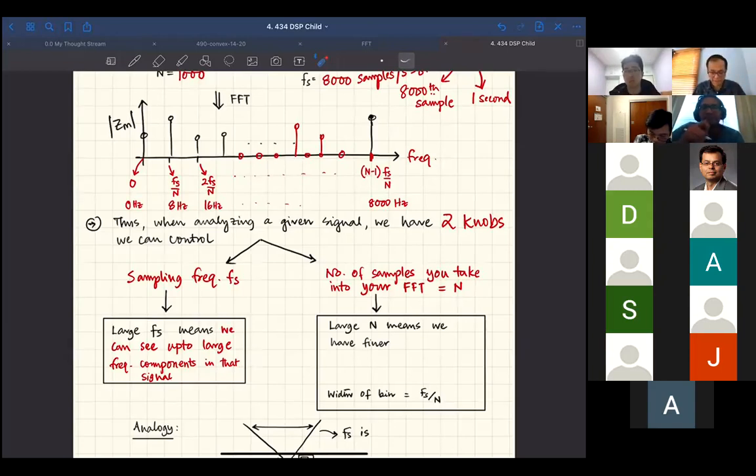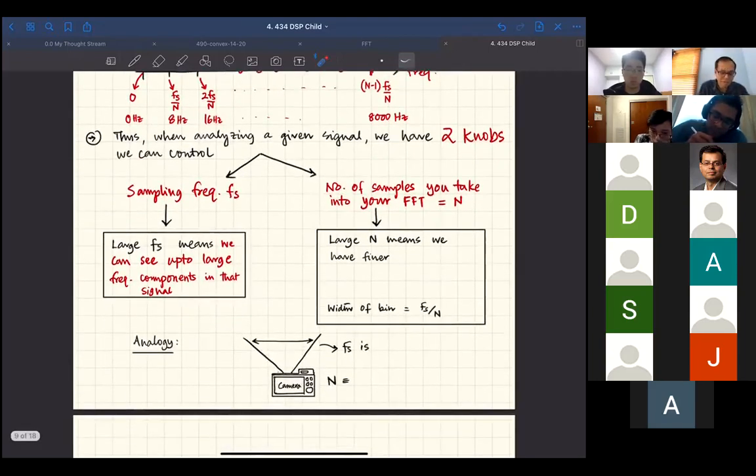So you can have large Fs, but if you choose a small N, that means your large Fs will be divided into few buckets. Whereas if you choose a very large N, you have fine resolution, because you have divided that Fs into very, very small frequencies. So these gaps would be small.